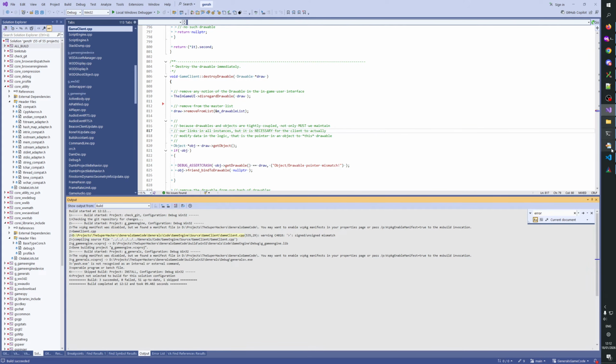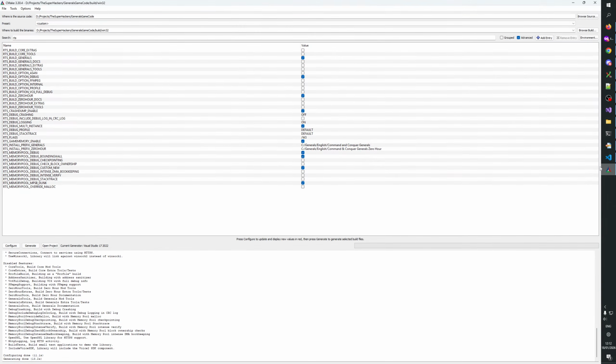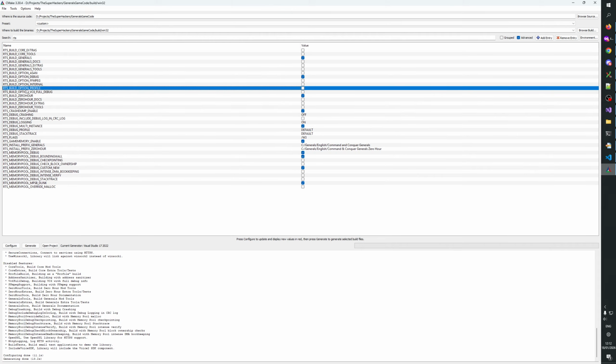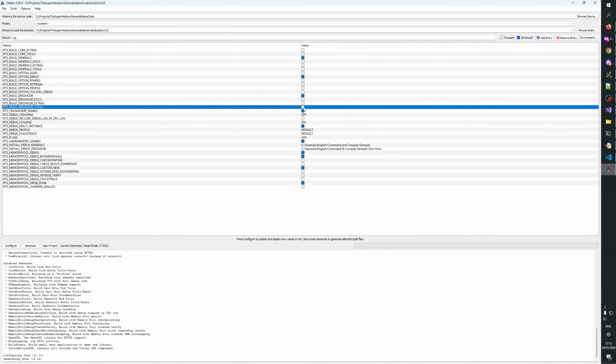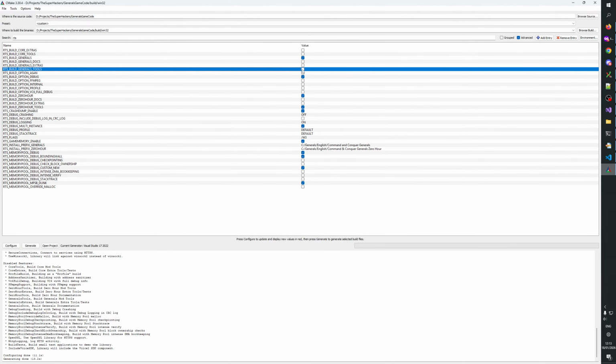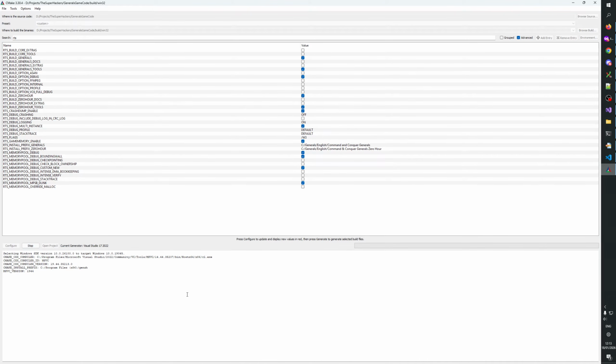Okay, that compiles. Then let's enable the tools. Zero Hour tools, particle editor, yeah, it's probably in tools and Generals tools. And see if that compiles. I expect it does not in the particle editor.